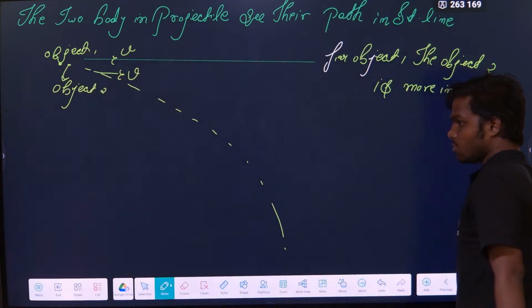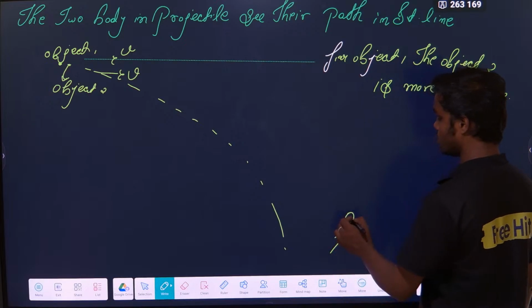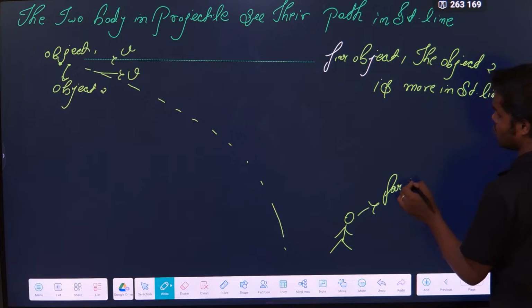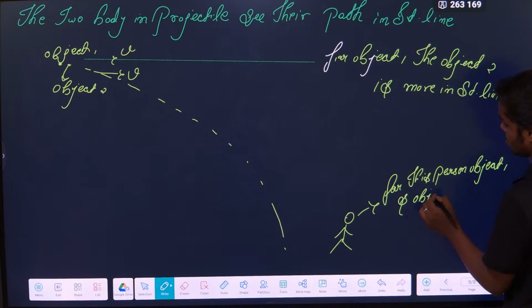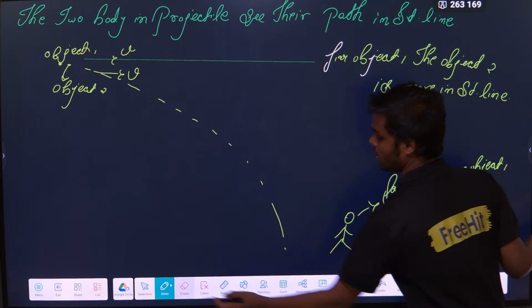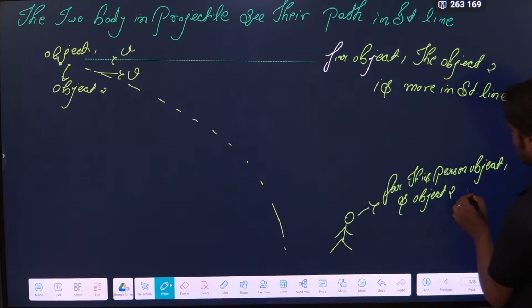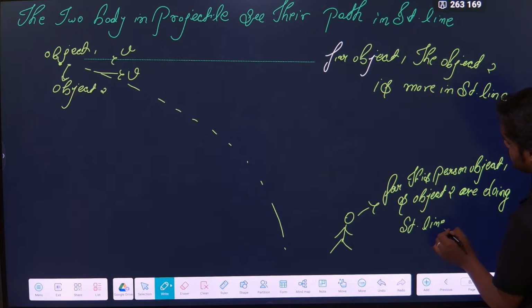Second thing, if suppose I have another person standing here, then for this person object 1 and object 2 are doing straight line and projectile motion.